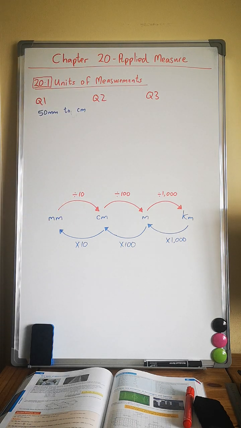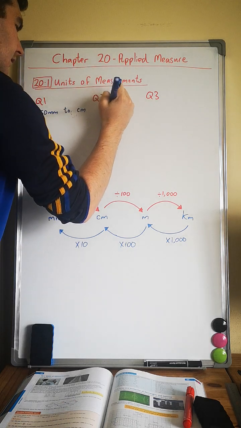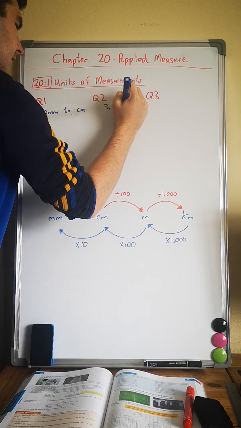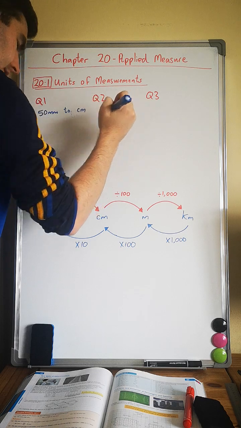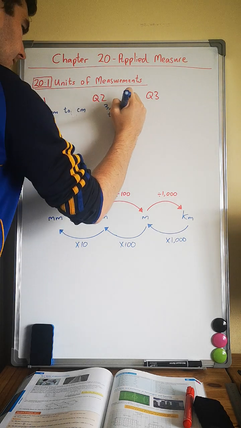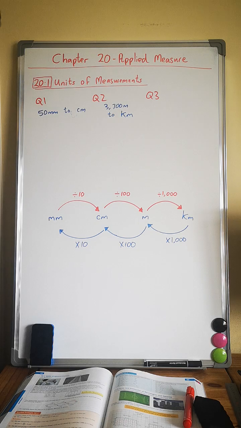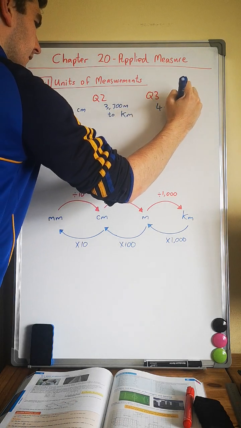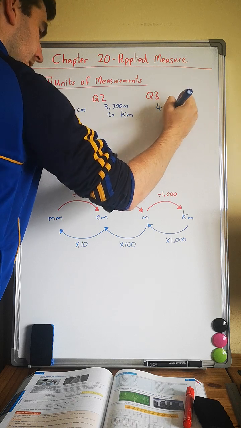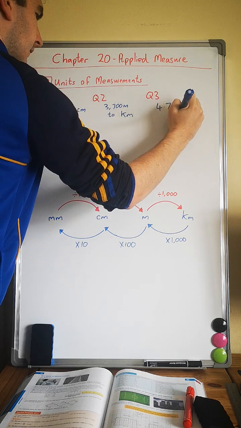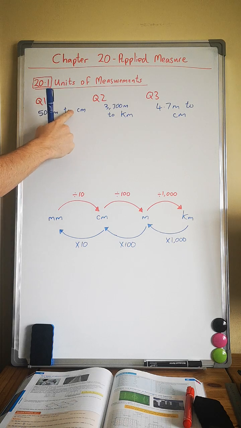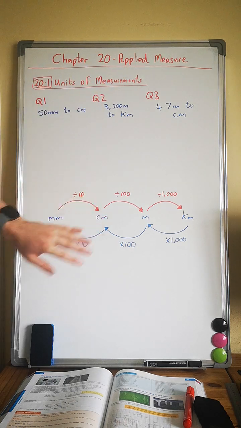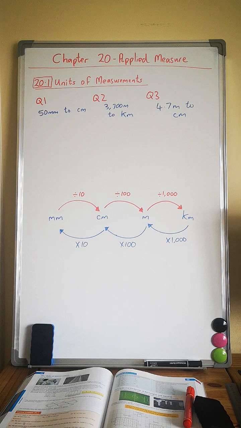Question 2, 3,700 meters to kilometers. And question 3, 4.7 meters to centimeters. So you're going to pause the video, give those 3 questions a go using this tool, see what you get. You can use your calculator. And I'm going to go through them now.